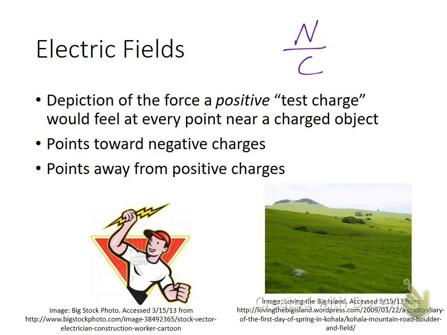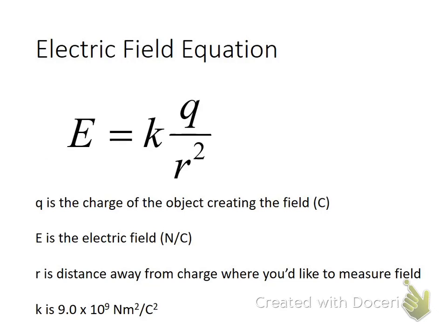Because the convention just has us treating electric fields as if a positive charge were nearby, it points toward negatives, because positives and negatives are attracted to each other, and it points away from positive, because positives and positives repel.